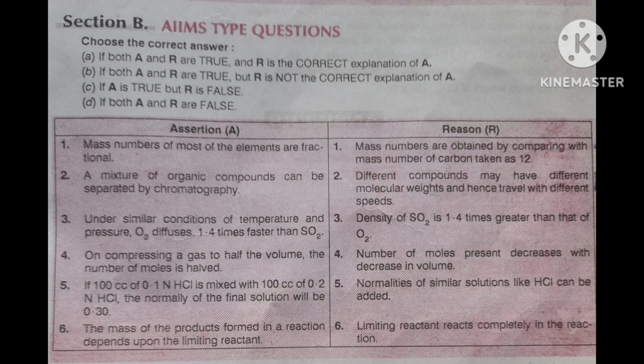Here the options may sometimes change, so you should listen. First option, small a: if both A and R are true and R is the correct explanation of A. Option b: if both A and R are true but R is not the correct explanation of A. Third, option c: if A is true but R is false.